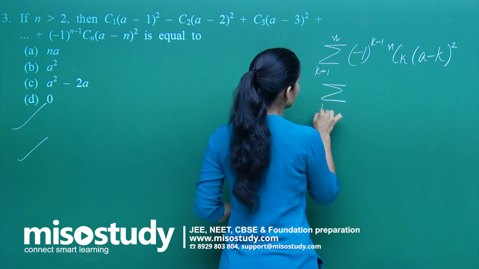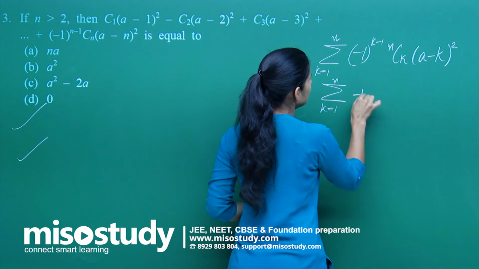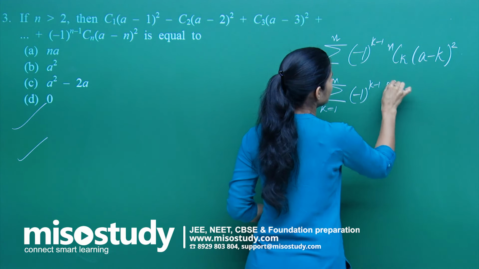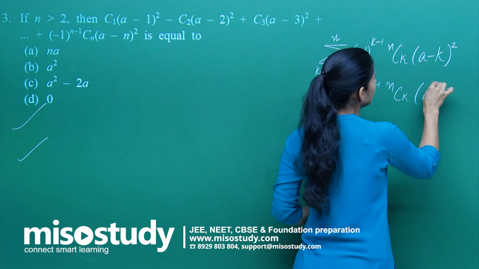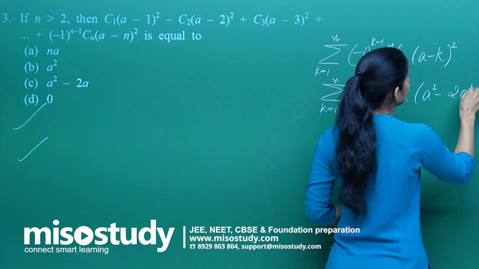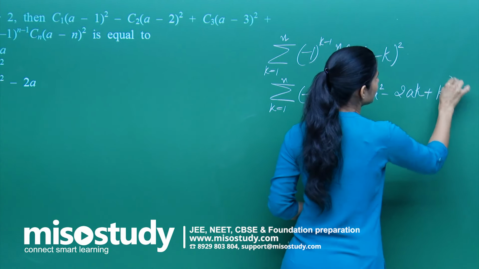Now this can be resolved further to minus 1 to the power k minus 1 nck (a square minus 2ak plus k square).